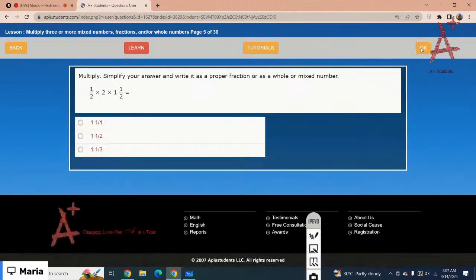Yes, very good. So which is the correct option? Yes, it is 1 whole 1 over 3. The last option is the correct one. Got it?